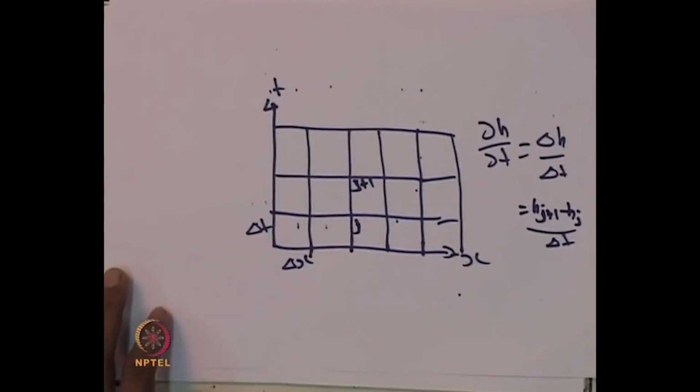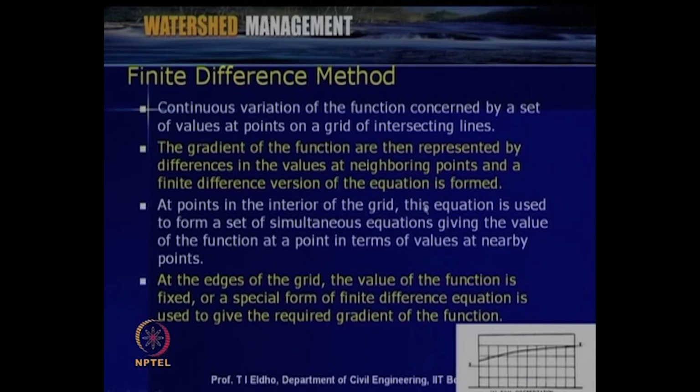Finally, at the points in the interior of the grid, this equation is used to form a set of simultaneous equations giving the value of the function at a point in terms of values at nearby points. For nearby points, we can use various schemes like backward, forward or central difference schemes, so that finally we can form a system of equations.